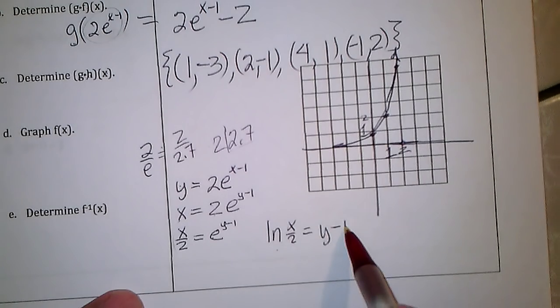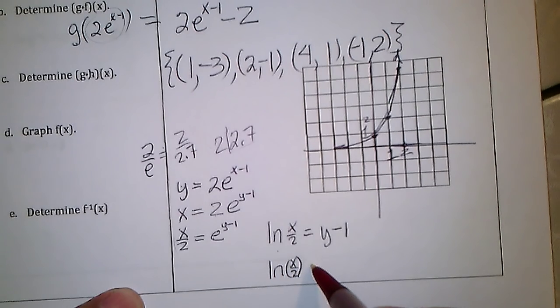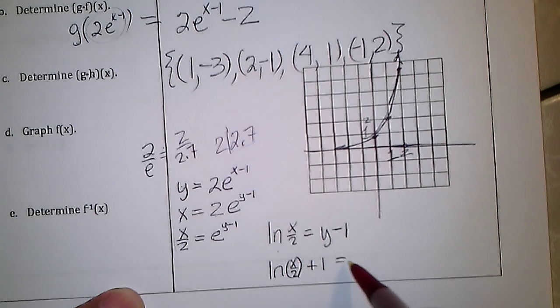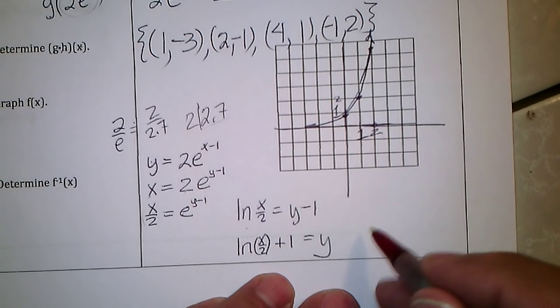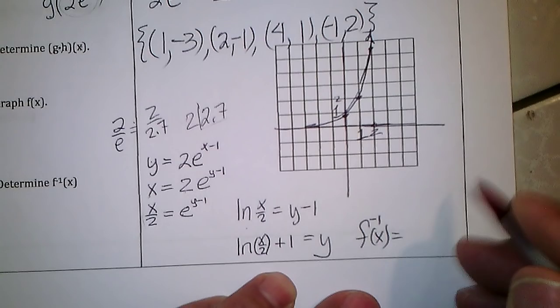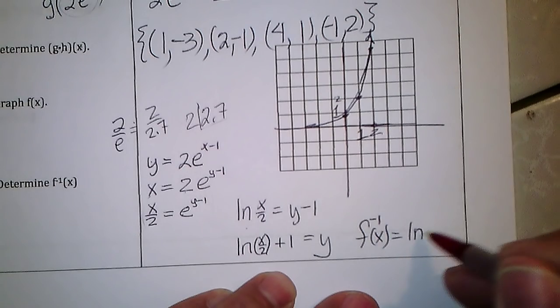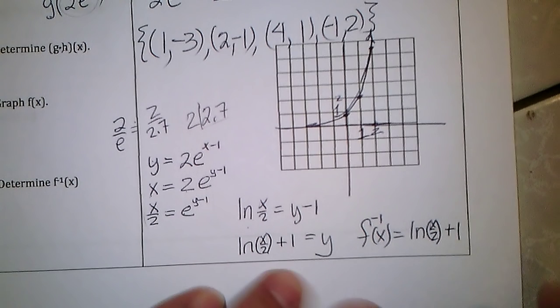And then to finish solving for y, I add 1 to both sides, so I get ln of x over 2 plus 1 equals y, and then I write that as the inverse. F inverse of x is ln of x over 2 plus 1.